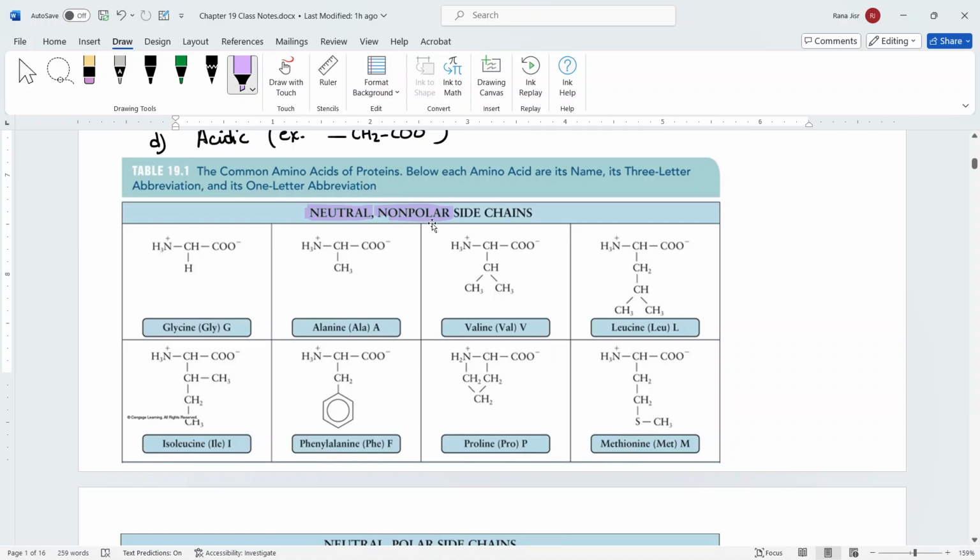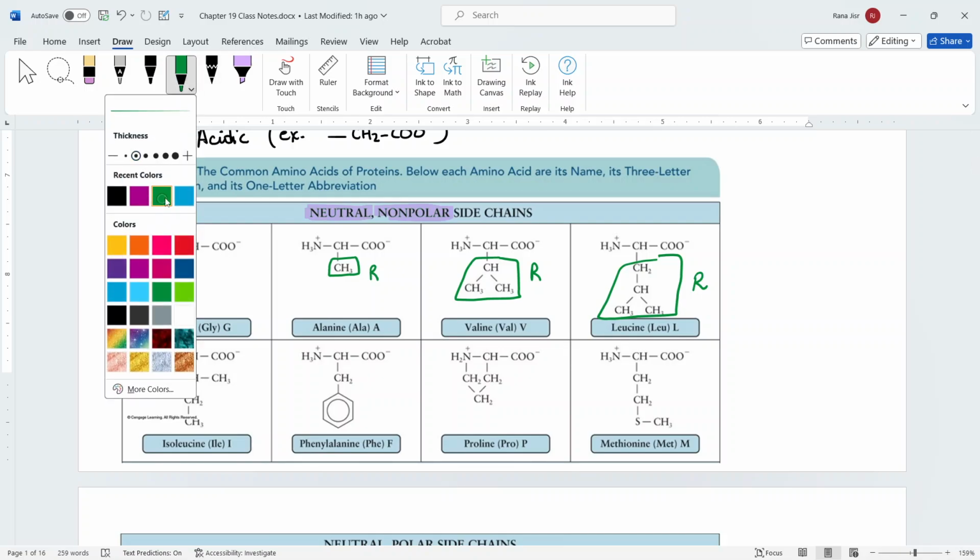These are all nonpolar because their side chain, their R chain, is nonpolar. So this is the R chain over here. All of the R chains are made up of carbons. And this is how you know that they are nonpolar. Notice that all the amino acids have the same backbone. This is the alpha carbon.